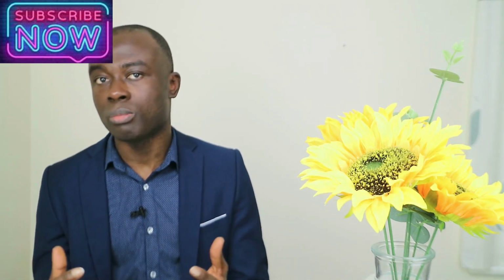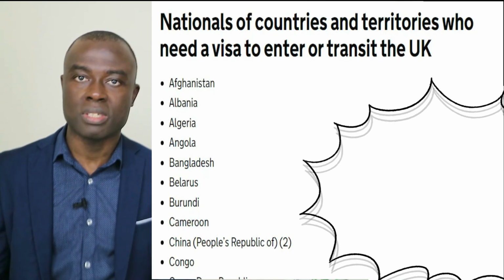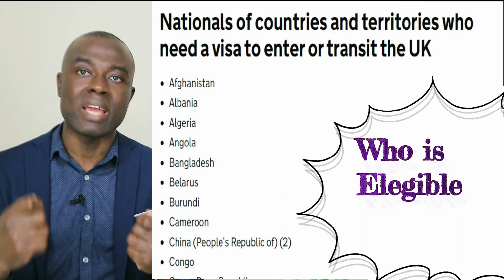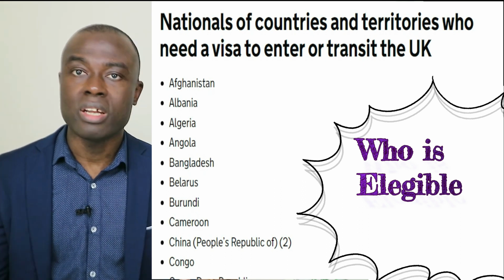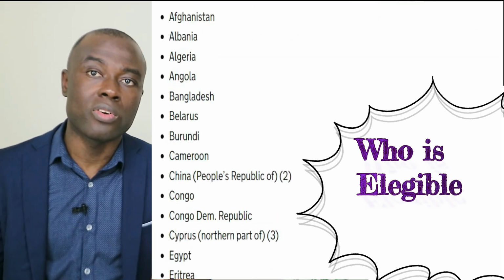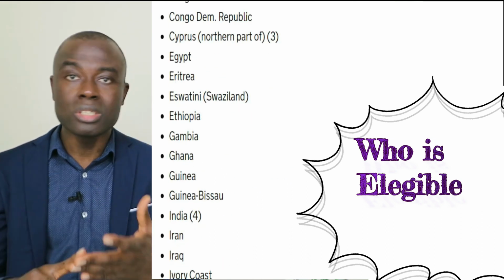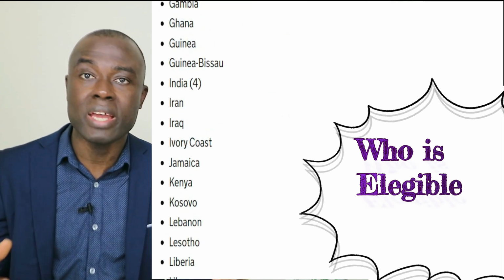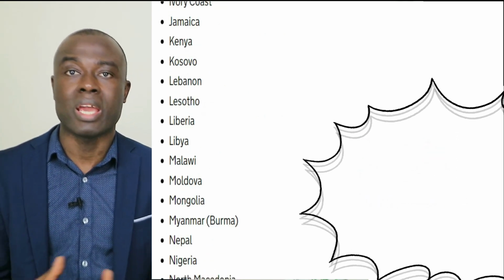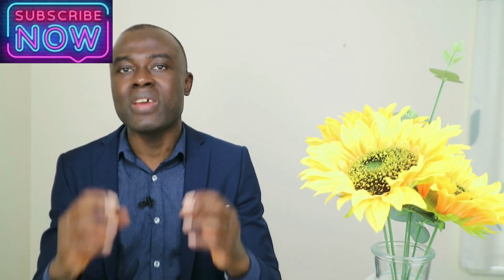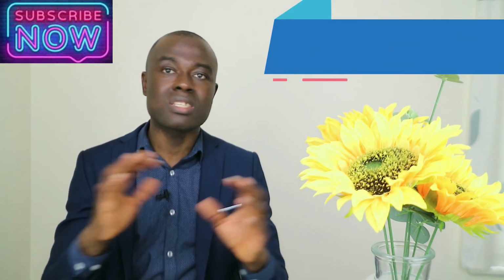So, who is eligible? On the UK government website, they've listed some countries that need visa to enter the UK. Generally, the list is made up of countries from Africa, some countries from Asia, Middle East, Caribbean, and some South American countries. Also, the duration for a Standard UK Visitors Visa is only 6 months.